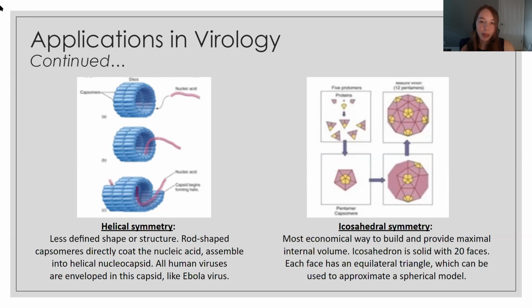Again, an icosahedron is a solid with 20 faces. Each face is an equilateral triangle, and it is used to approximate a spherical molecule, which is why viruses with an icosahedral structure are often described as spherical.